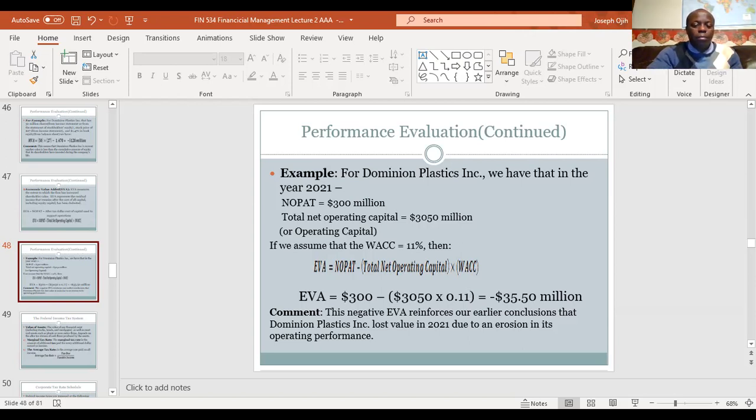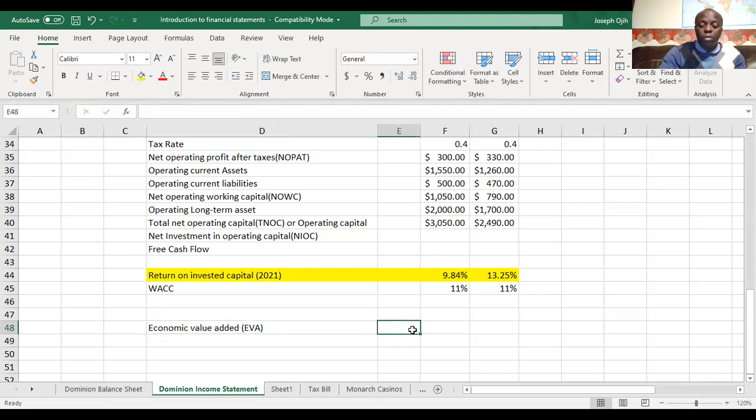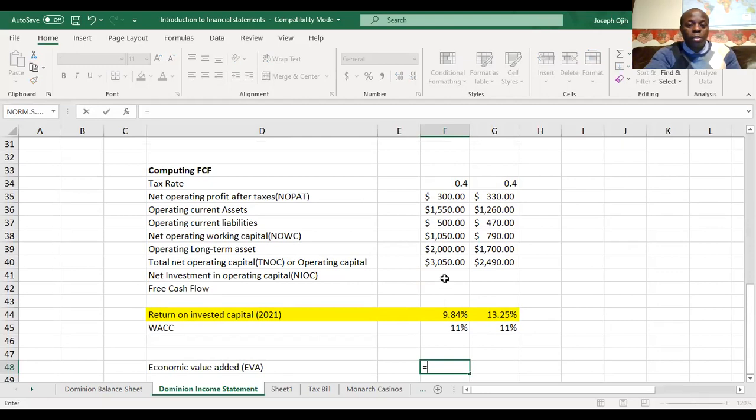So you can have it here as economic value added, EVA. EVA equals NOPAT, which is net operating profit after tax, minus total net operating capital right here, times the cost of capital.